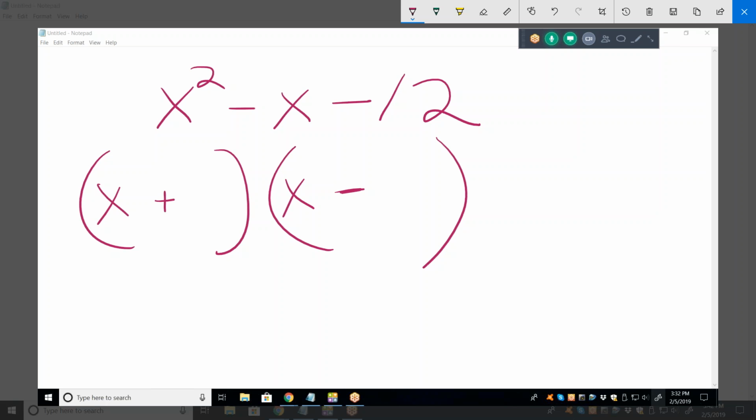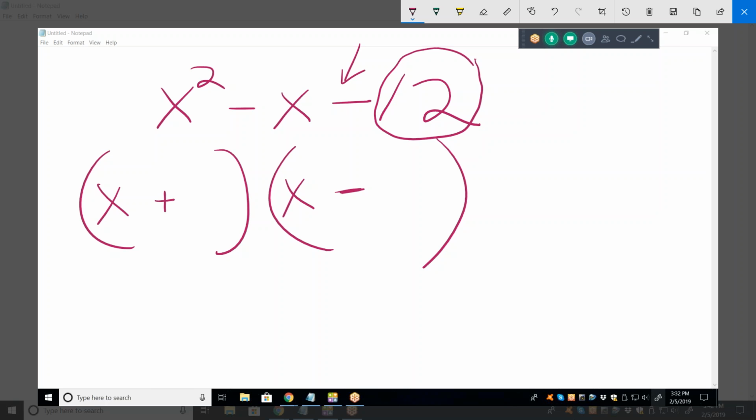Okay? Okay, the third step is the same. I'm looking, and verbalize it. What am I looking for? Factors of 12 that do what? That add to 1? No, that's a subtraction sign now. Or that subtract to 1.